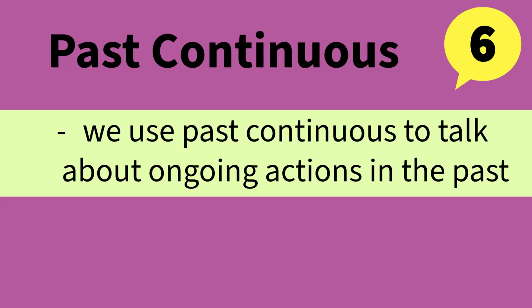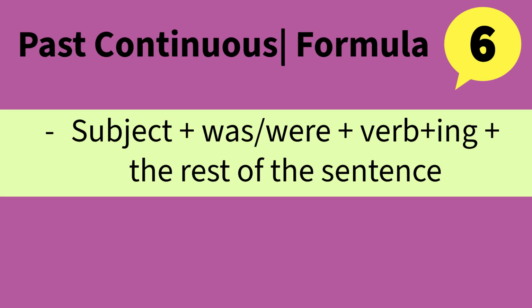The sixth tense is the past continuous tense. We use past continuous to talk about ongoing actions in the past. To form this tense, we use this formula: subject plus was or were plus verb plus ing plus the rest of the sentence.